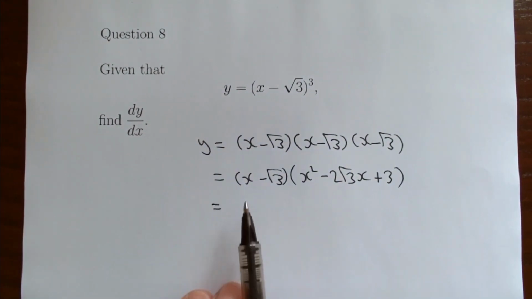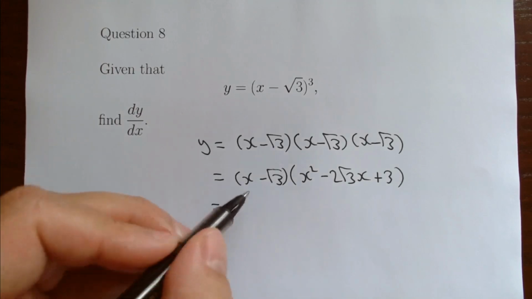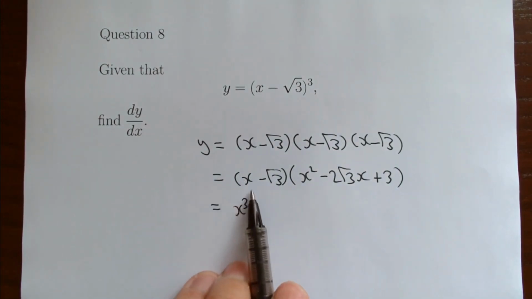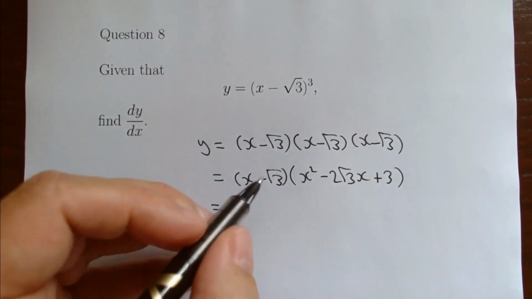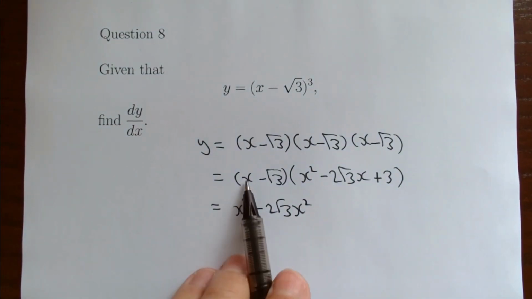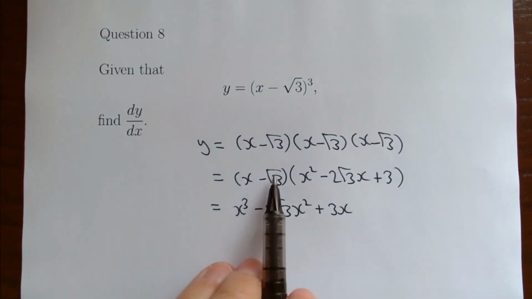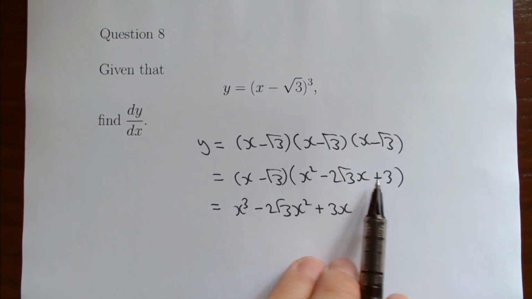Okay, and now we can expand all of this, so this x is going to multiply these 3, so we get x cubed minus 2 root 3x squared plus 3x. And now the minus root 3 is going to multiply these.